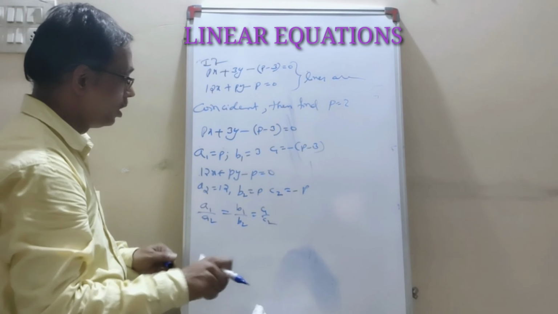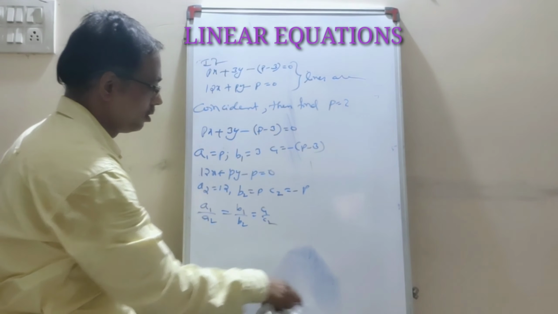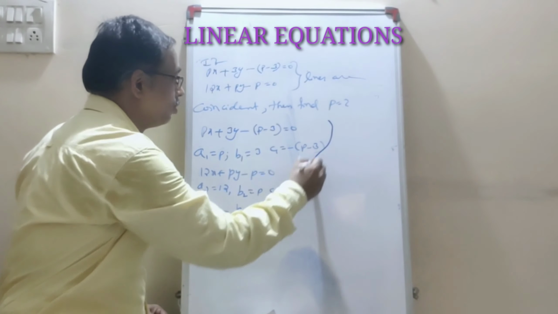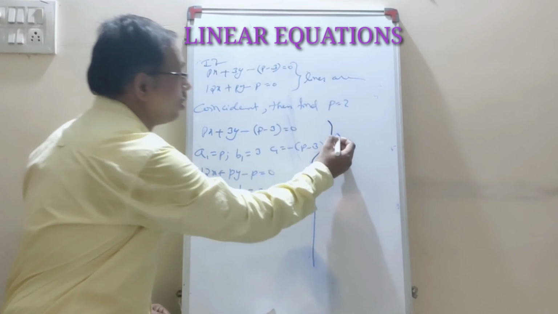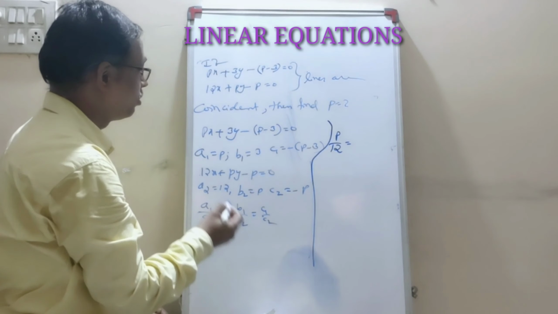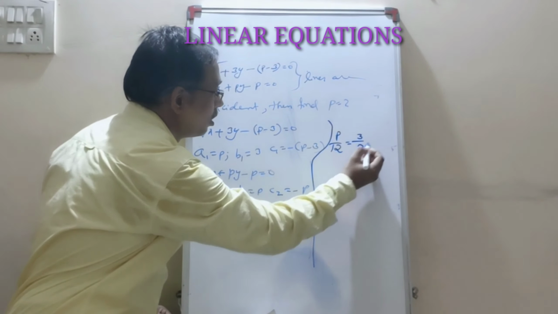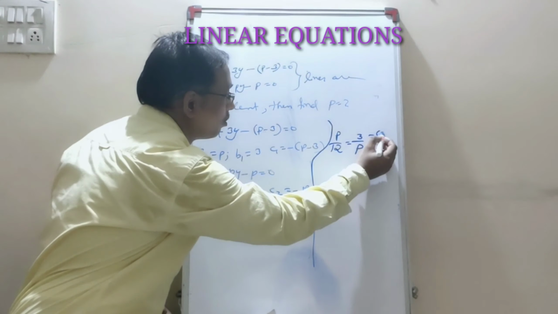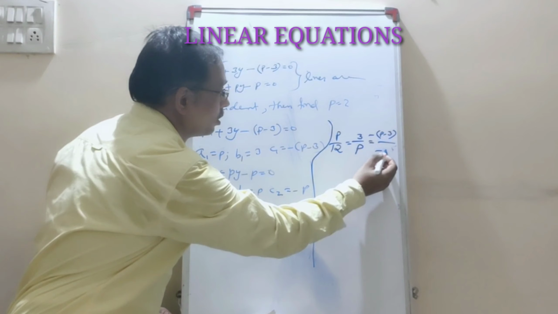So now here a1 by a2 is p by 12, equal to b1 by b2, that is 3 by p, equal to c1 by c2, that is minus (p minus 3) by minus p.